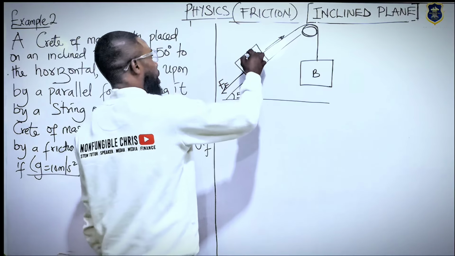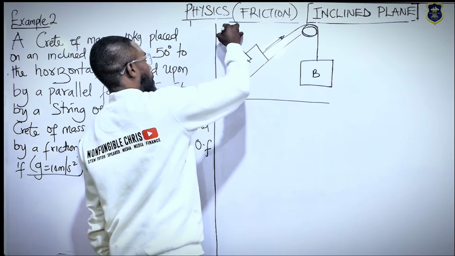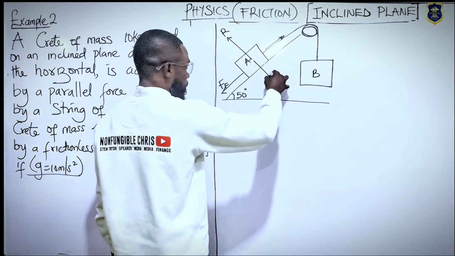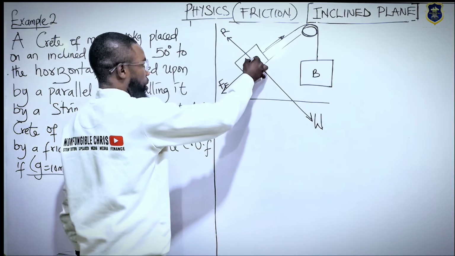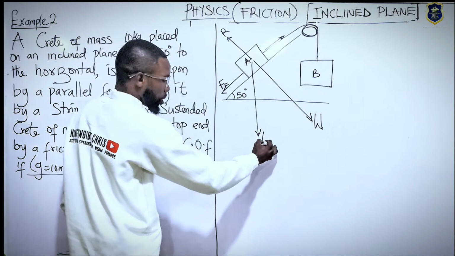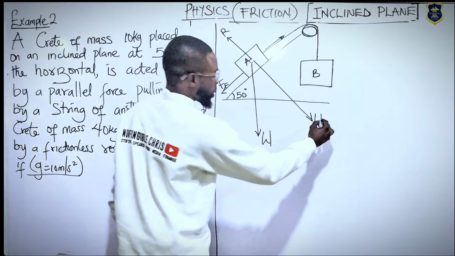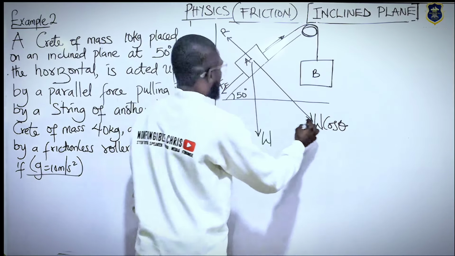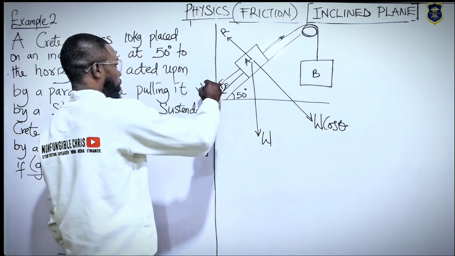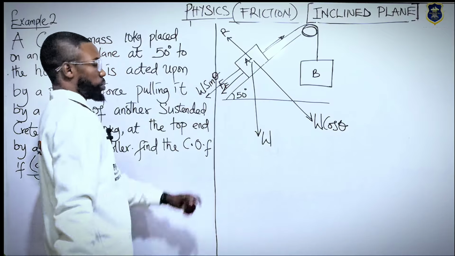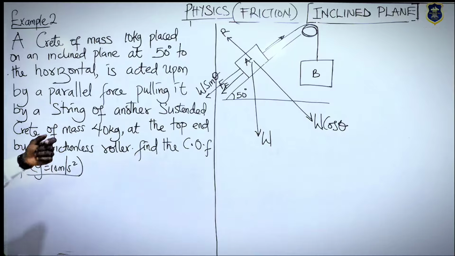And if this is our normal reaction, this being our hypothetical weight, this being our original weight, I told you how to do that. This is W cos theta, and here we're going to have W sine theta. Please pardon me, right? Yeah, that's how it's going to look.